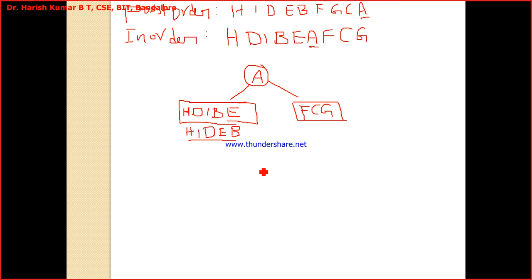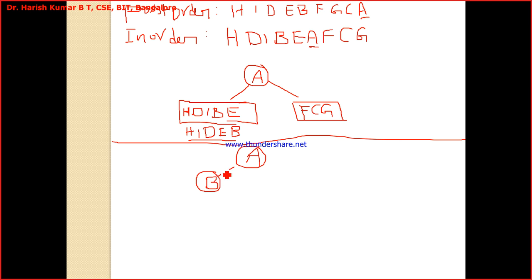B. So let me write it again. So this is the first step what I have done. In the second step, I write A, and then among these nodes, I found out what is the left child of A, that is B. B is here. Correct?